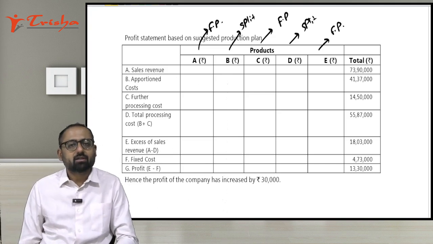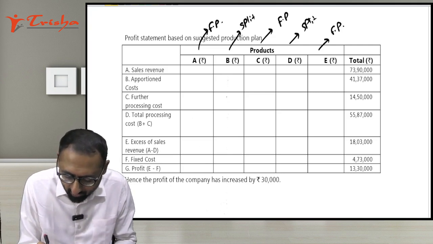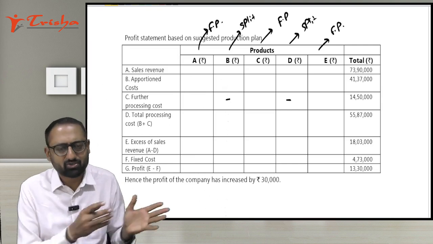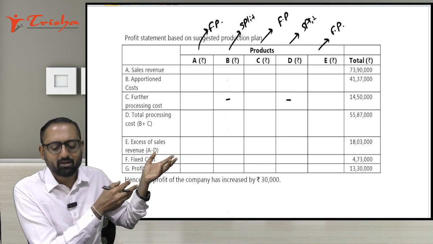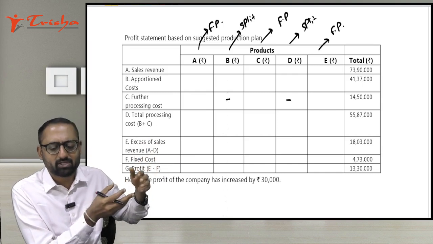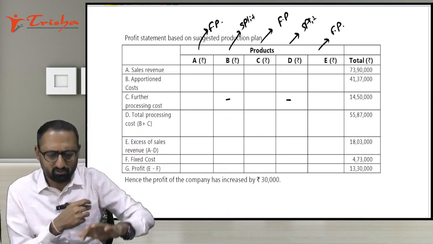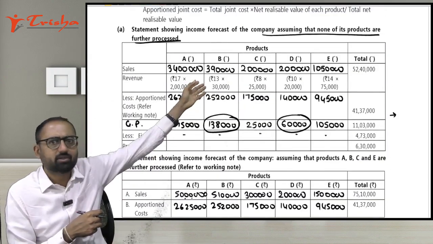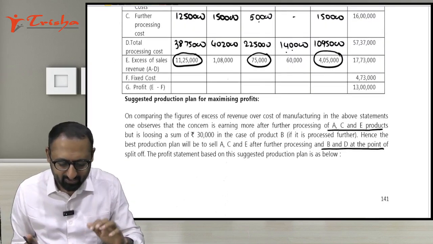So for the products which are sold at the split off, further processing cost will not be there. You just have to compare the first and second table and check which product is further processed. If further processing is there, refer to the second table. And if the products are sold at the split off, then refer to the above table. So I'll take a total of the profit, whether it matches or not.